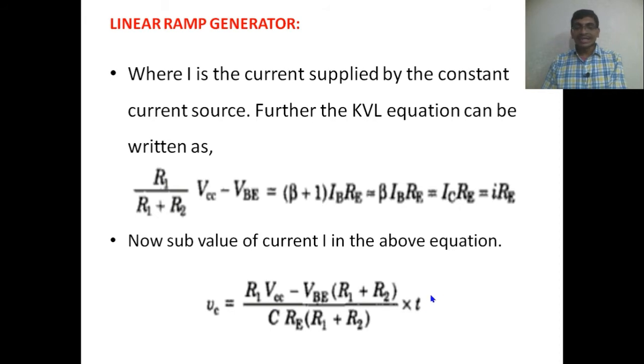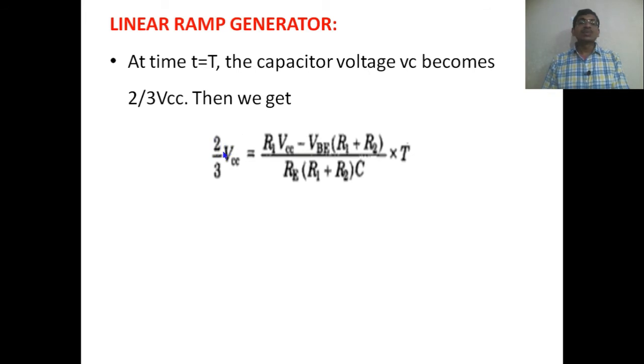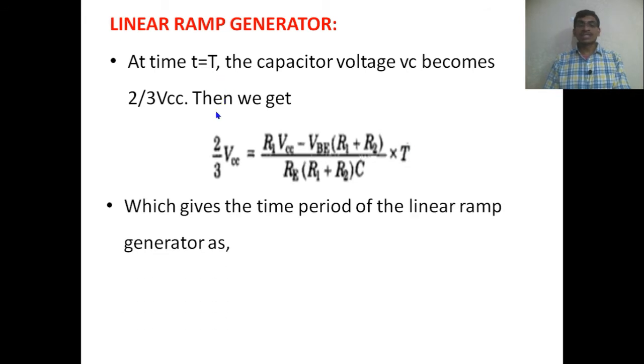At the time t is equal to capital T, the capacitor voltage Vc becomes 2 by 3 VCC, which is the maximum voltage charged by the capacitor. Then we get 2 by 3 VCC is equal to (R1 VCC minus VBE) (R1 plus R2) divided by RE into (R1 plus R2) into C into T, because small t is equal to capital T, as we assumed.